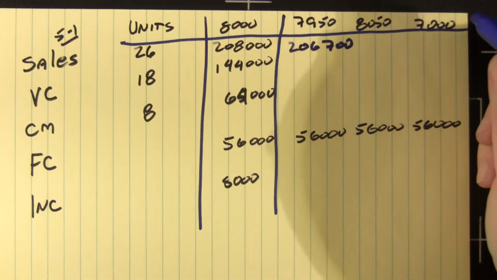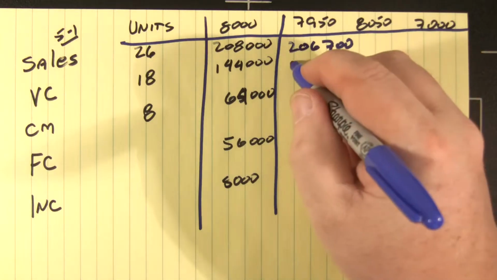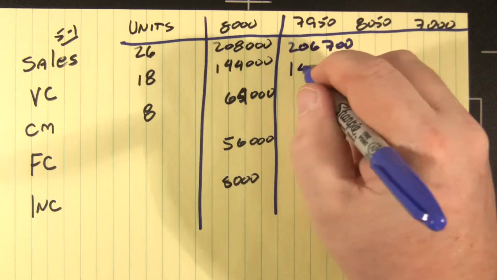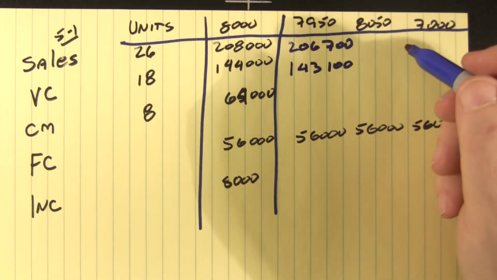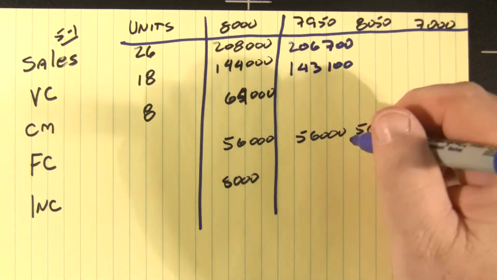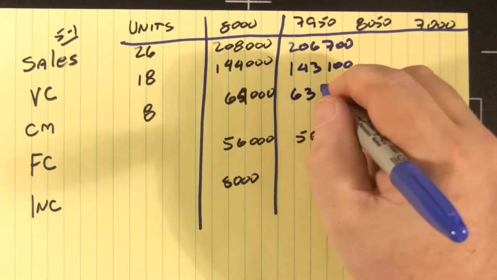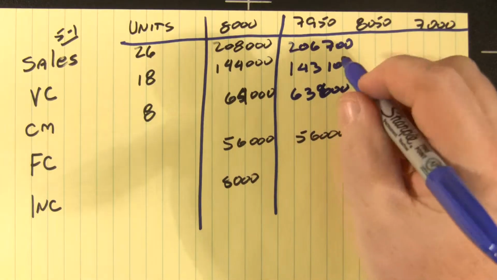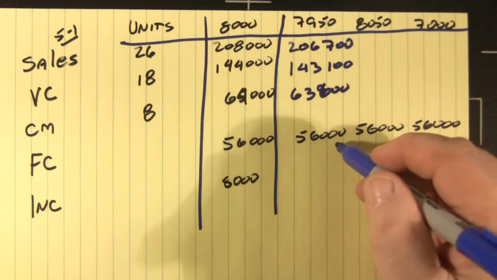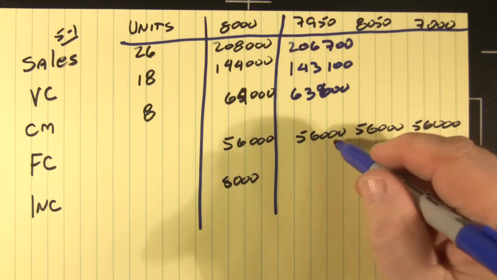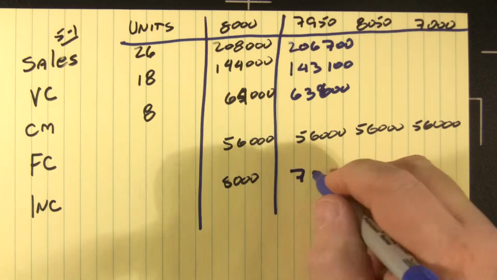The variable cost, 79.50 times 18, would be 143,100. Our contribution margin then goes to 63,600. 79.50 times 8, 63,600. Minus our fixed cost of 56,000, our net operating income goes to 7,600.